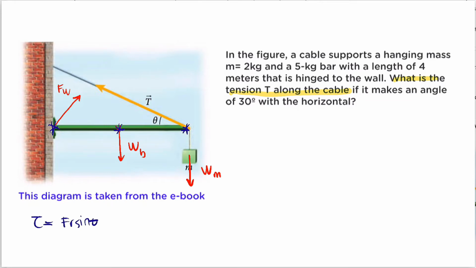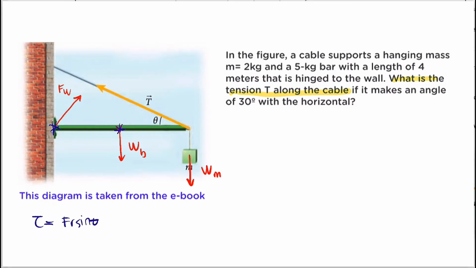So now we are left with these two pivot points. Based on the problem, we can actually solve for the weight of the bar, but there's nothing in the problem that tells us anything about the force that is exerted by the wall. Remember that if we assign a pivot point, the forces that are acting on that pivot point would result in a torque of 0.